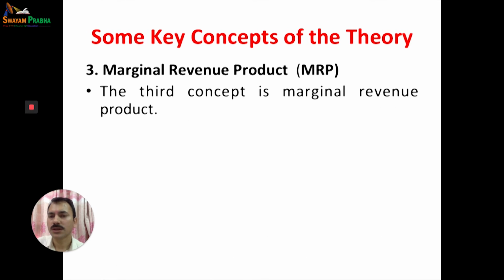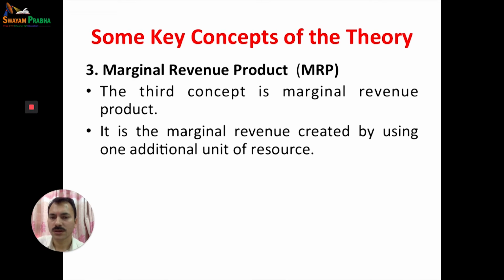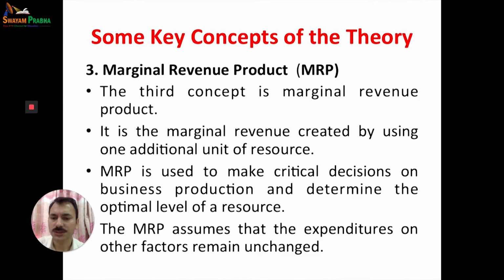Third is the marginal revenue product. It is the marginal revenue created by using one additional unit of resources. MRP is used to make critical decisions on business production and determine the optimal level of resources. The MRP assumes that expenditure on other factors remains unchanged.